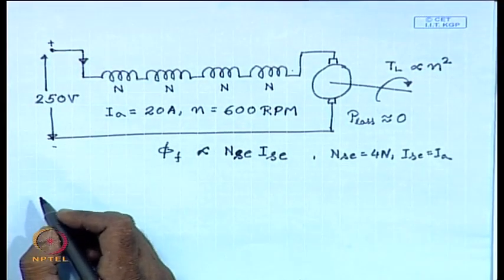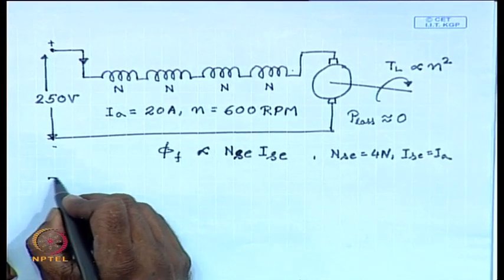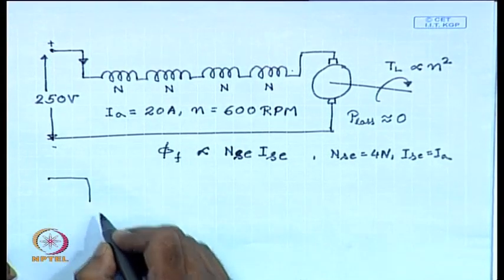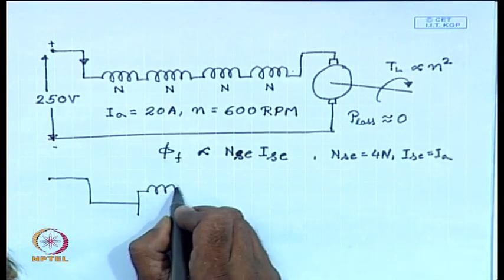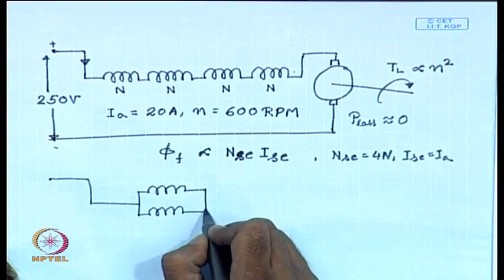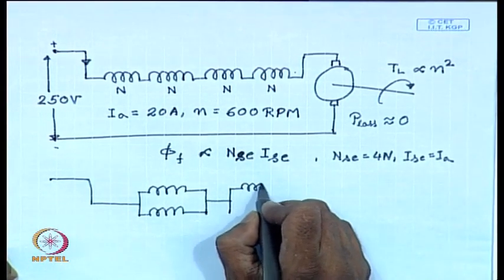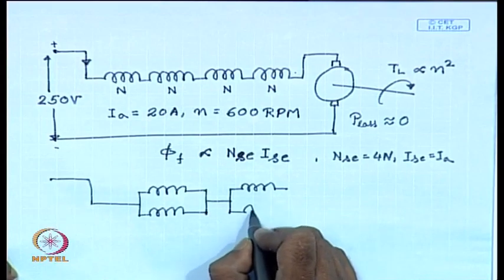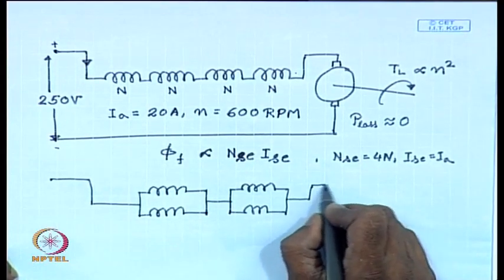Now, I connect all the coils, this all series connected coil, I now change in this fashion. I have two coils connected in parallel in a group and then another two coils connected in parallel in another group, and these two groups are now connected in series.